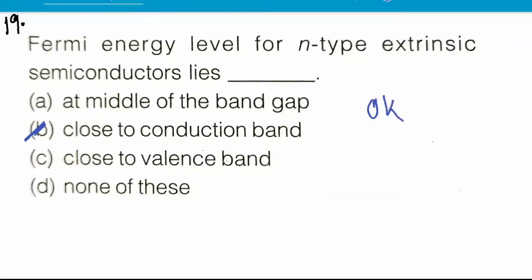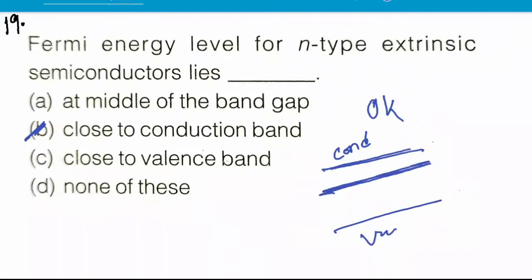So suppose this is the conduction band and this is the valence band. Fermi level lies near to the conduction band. This is the Fermi level for n-type extrinsic semiconductor because the electrons are available for conduction.